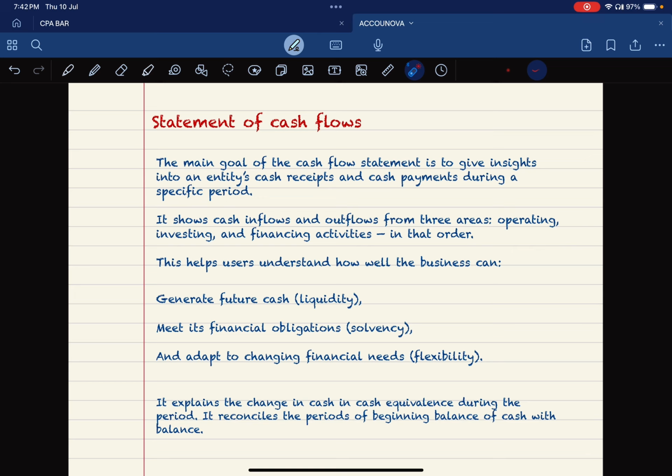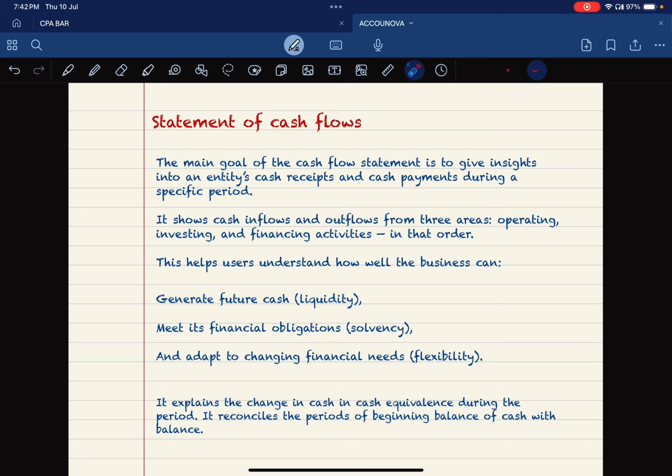Okay, cash is one of the most important aspects of a business. So even though the business is profitable, if there is no cash, it can fail. So that's why it's one of the most important statements for a user.